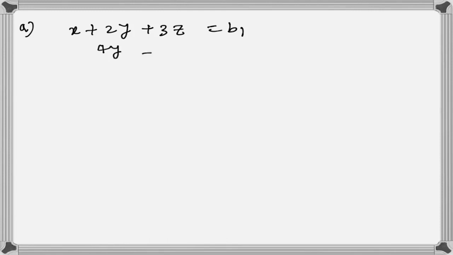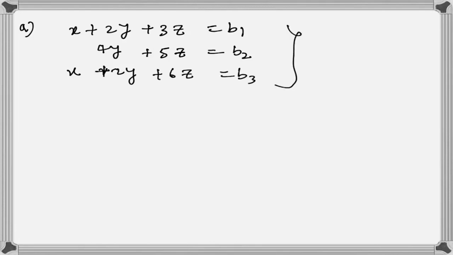4y plus 5z is equal to b2, and x plus 2y plus 6z is equal to b3. So let's call this system 1.